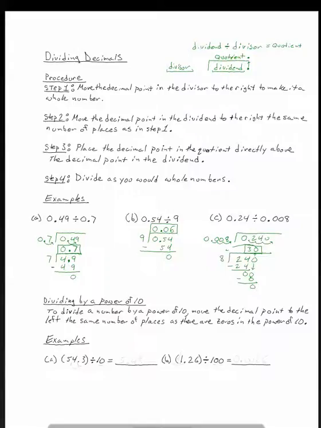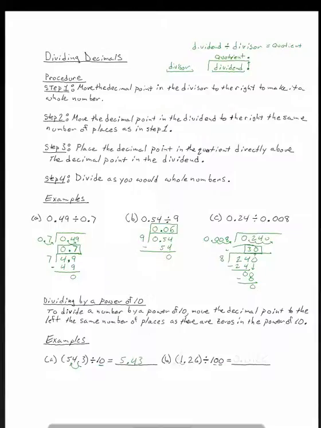So if we look at example A, it's 54.3 divided by 10. There's 1 zero in our power of 10, so we'll move the decimal 1 place to the left. That gives us 5.43. In example B, there are 2 zeros in our power of 10, so we're going to have to move the decimal 2 places to the left.